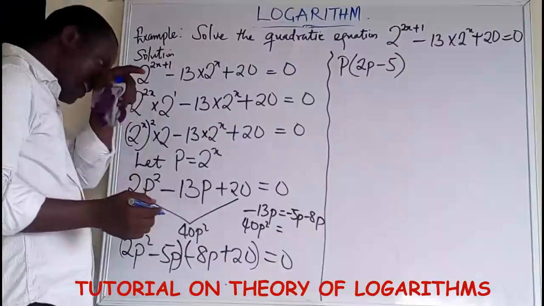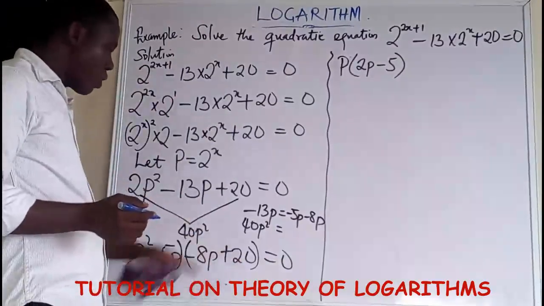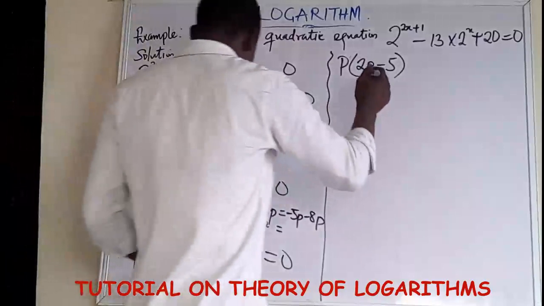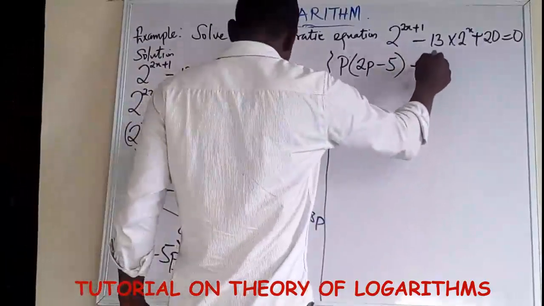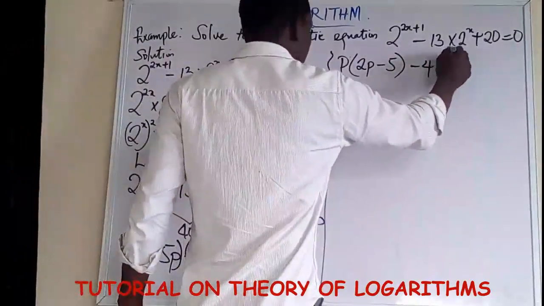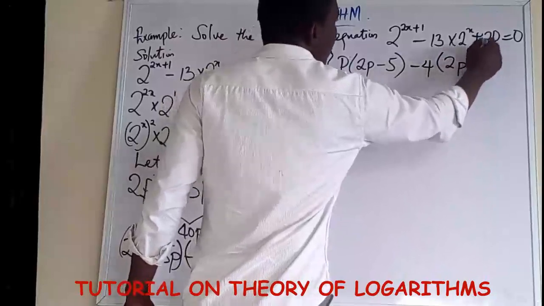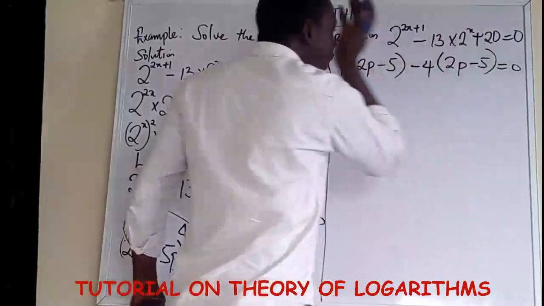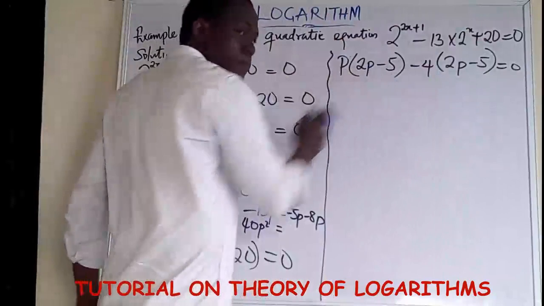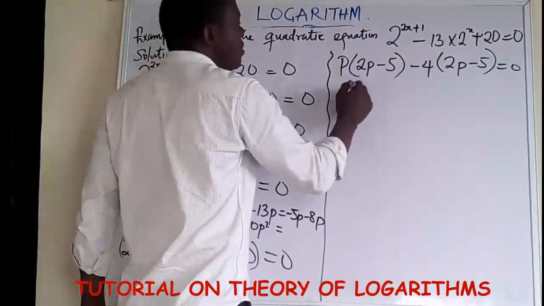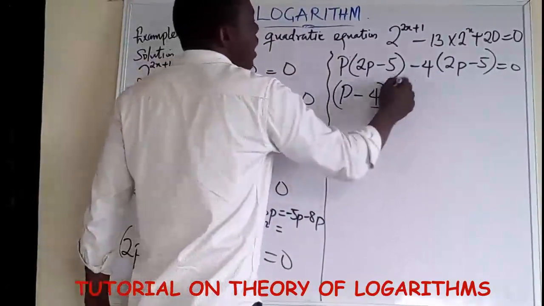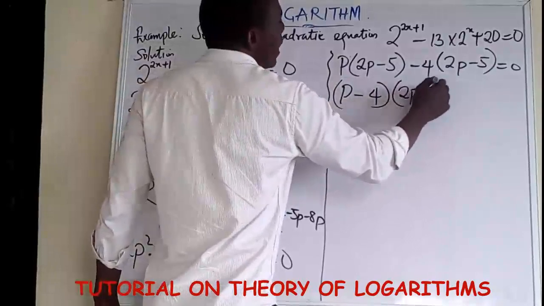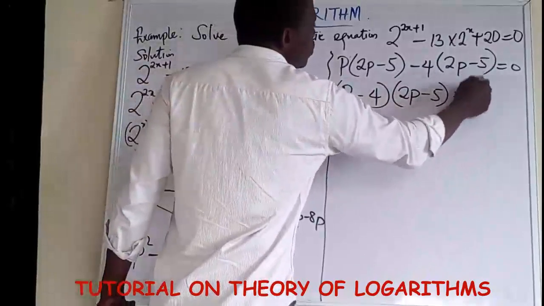And then what is common in the other two terms? I think 4 can go here. 4 goes into both, so that will be minus 4 bracket 2p minus 5, equal to 0. So let us take the numbers outside. We have p minus 4 and then 2p minus 5 equal to 0.